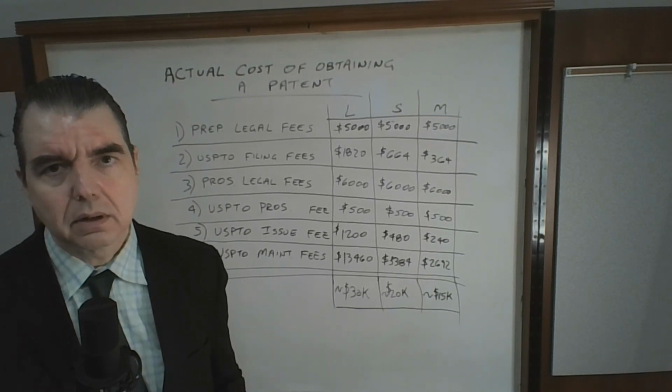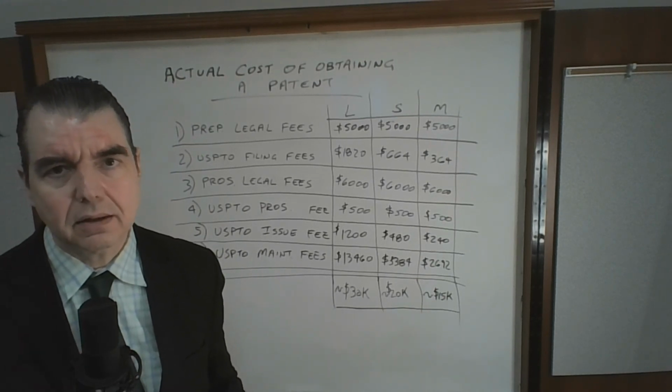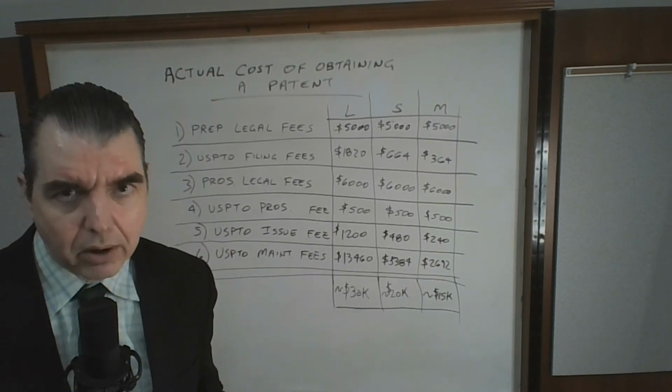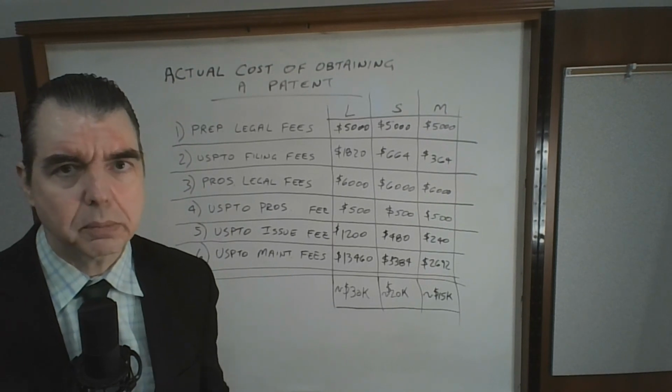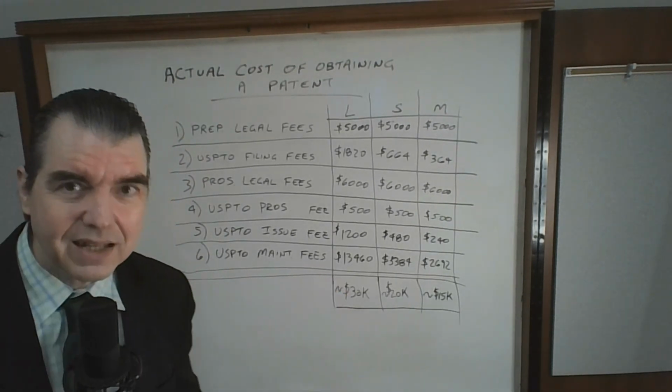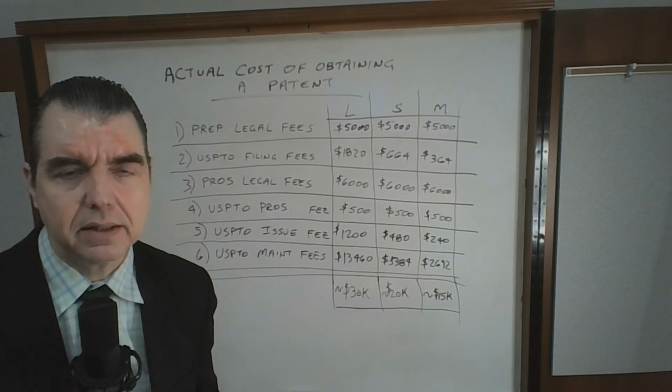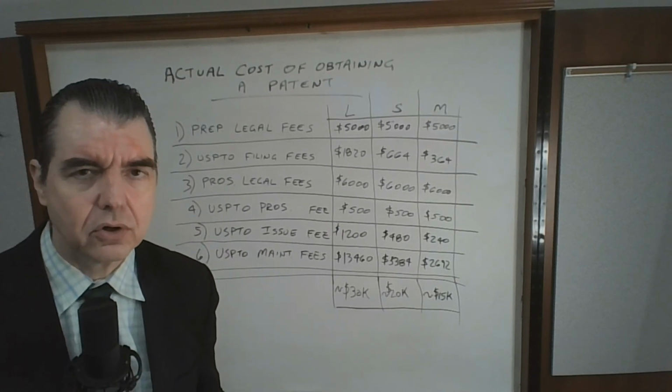But in general, that said, if you're going to keep your patent alive for the entire term, these numbers are, at least today, a ballpark number that you can use for budgeting purposes, that you're going to need at least that much to get the patent through the patent office and then maintain the patent through its entire term.